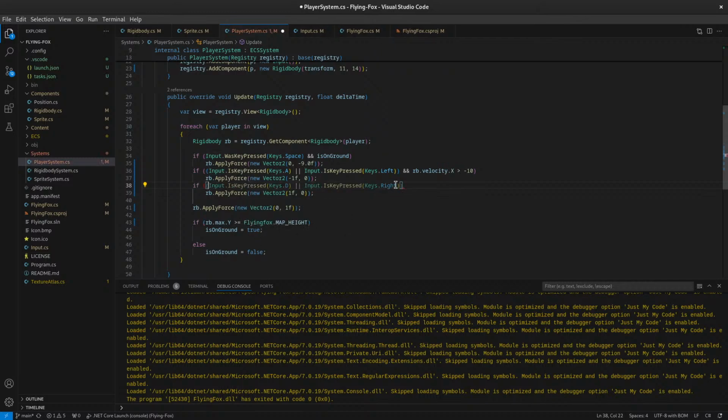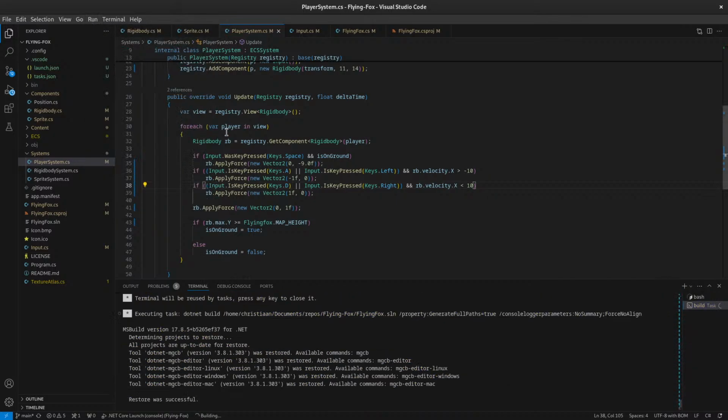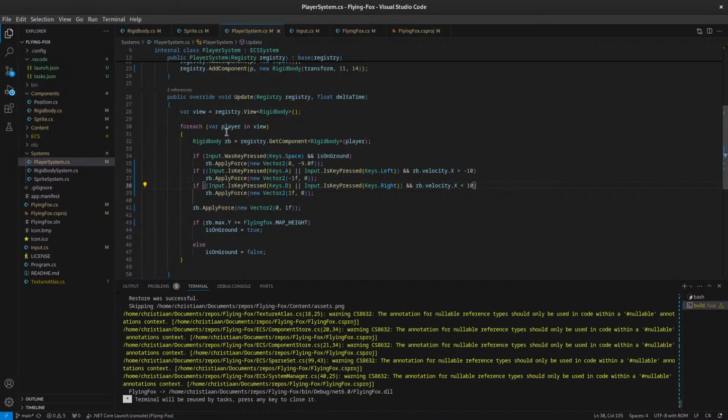So if one of these keys are pressed, I'm just going to put brackets around this, and the rigid body's velocity x is smaller than 10, then we will add 1. So let's try this, check how it works. So there's a point where it doesn't accelerate anymore.